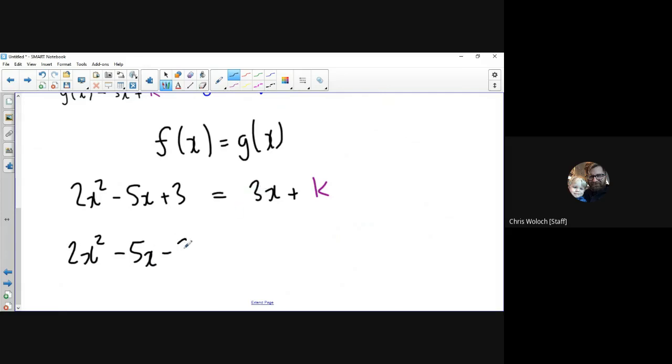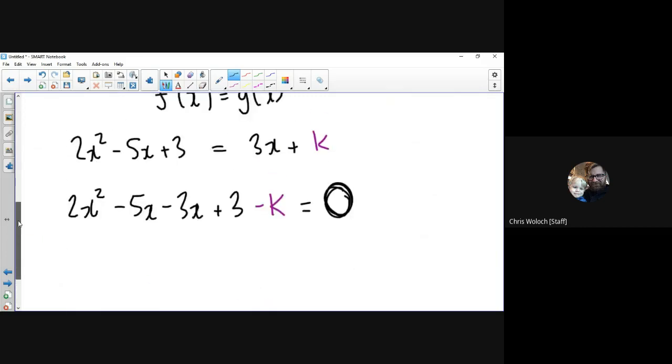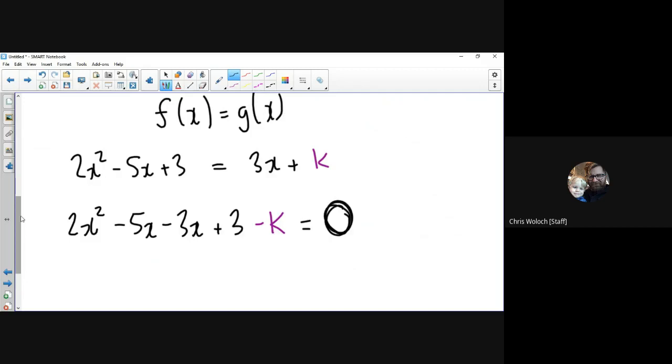This 3x will become minus 3x. And then plus 3. And then again, this k, which notice doesn't have an x with it, is going to be minus k. And this equals 0. All right. Everybody with me? I'll give you a sec just to let that absorb.